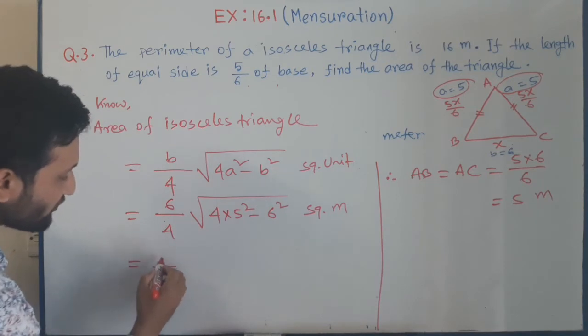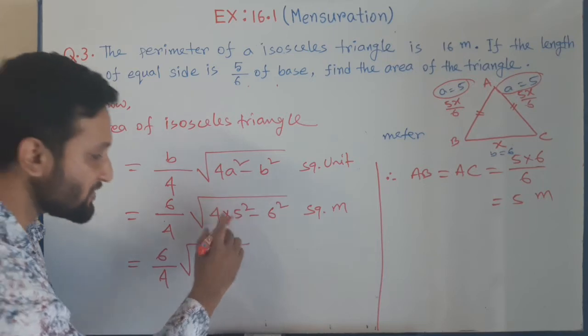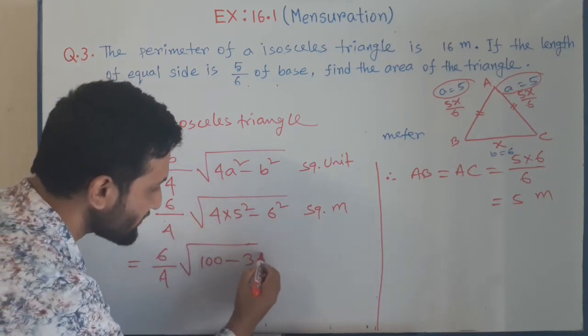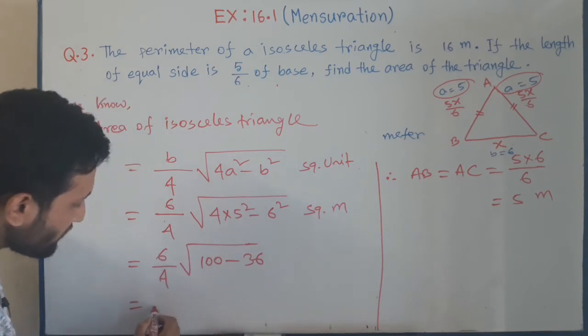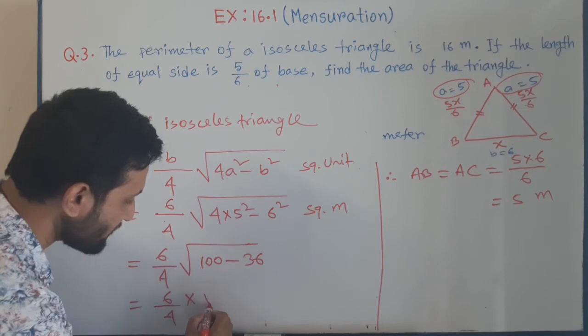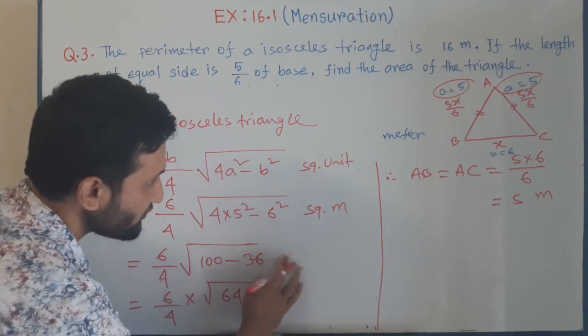Okay, now by simple calculation, 6 by 4 into root of 4 into 5 square, that means 100, minus 6 square, that means 36. So 6 by 4 into root of 100 minus 36, that means root 64, and the unit is square meter.